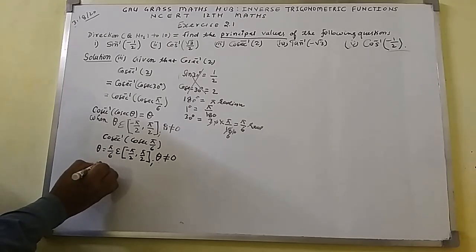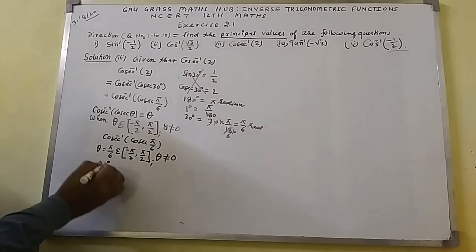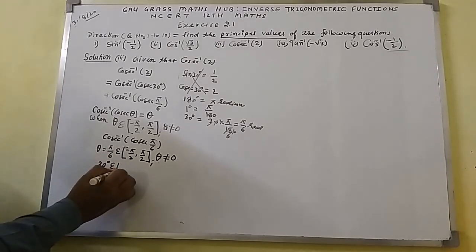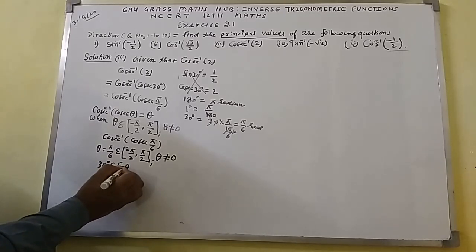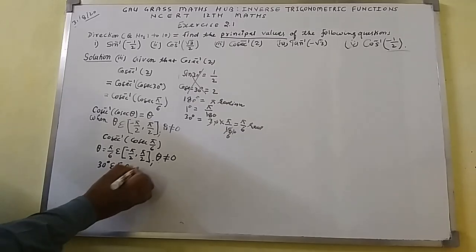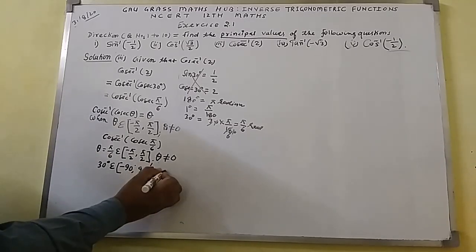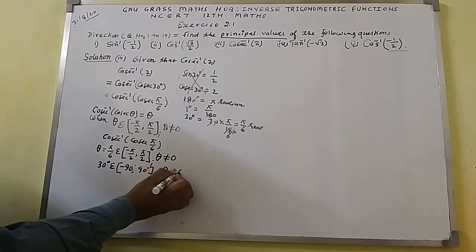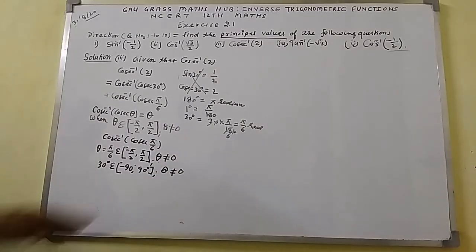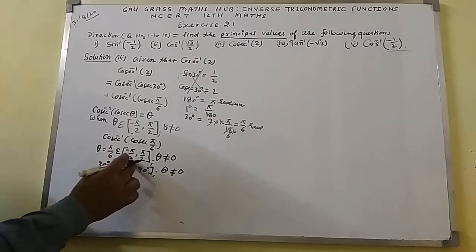Now here you can see pi by 6. Pi by 6 can be written as 30 degree belonging to closed interval minus 90 degree comma 90 degree closed interval; theta not equal to 0. The value of theta should not be 0. So here you can expand this one.